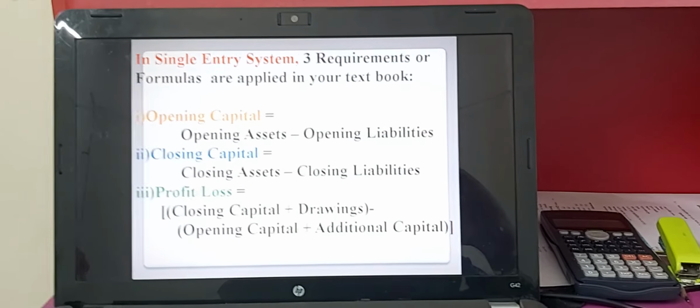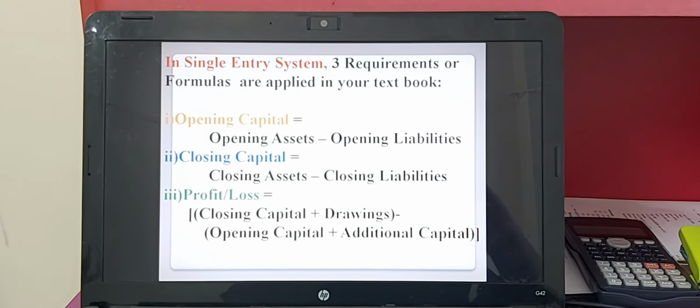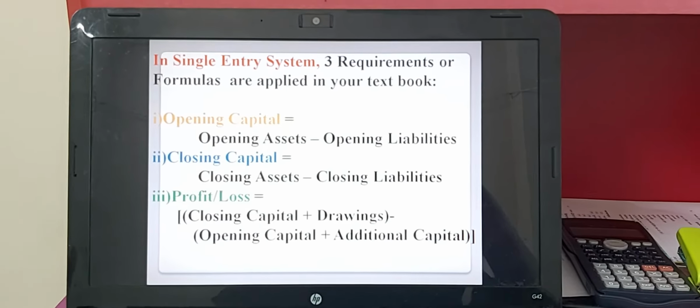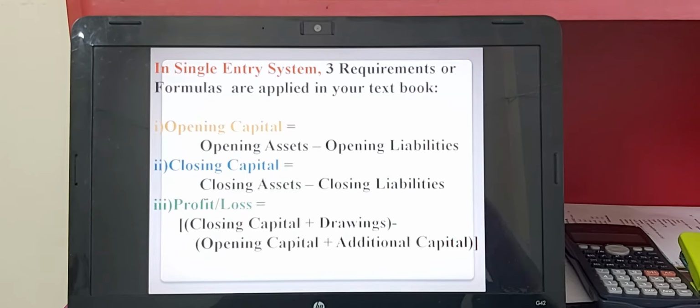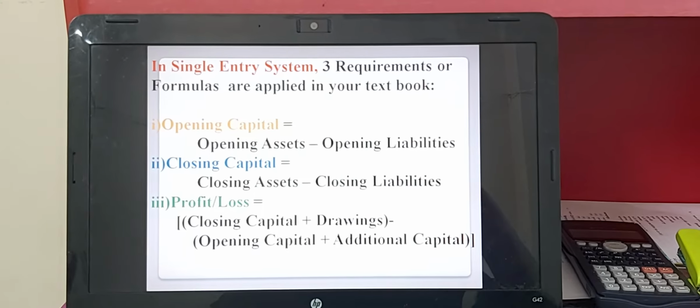Third formula for this system to be used in any creative questions, profit or loss is equal to what?